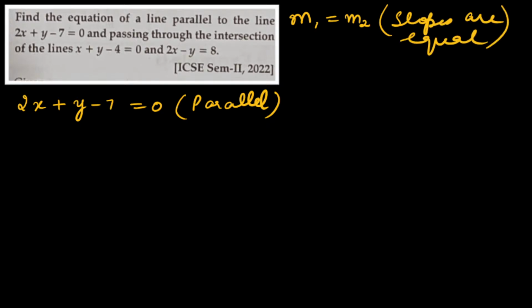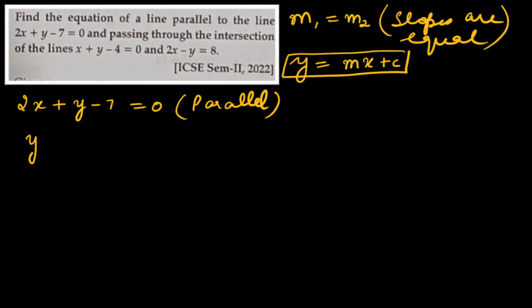Okay, so let us find the slope of this line. So that will be the required slope. Whenever we have to find slope, we can convert the given equation in slope intercept form, which is y is equals to mx plus c. We have to convert the equation into this form and we'll find slope.